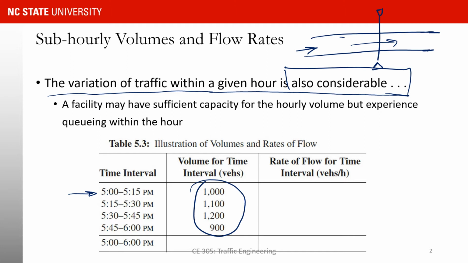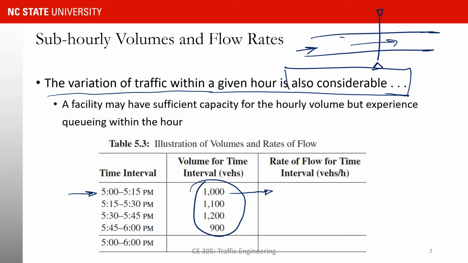But if I want to convert these volumes that I have for 15 minutes to hourly flow rates, what do I do? So I have 1,000 vehicles that want to go through that point within 15 minutes. How many want to go through that point during 1 hour? You just multiply this by 4 or you divide it by 0.25, right?